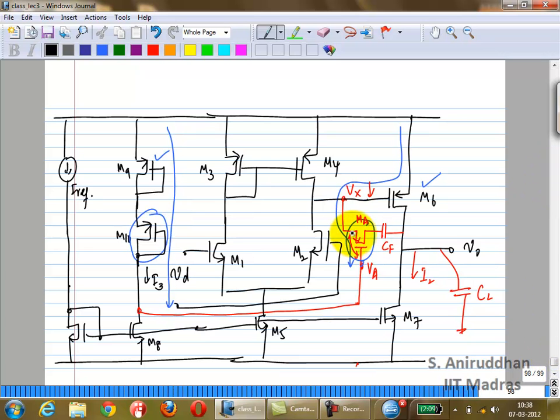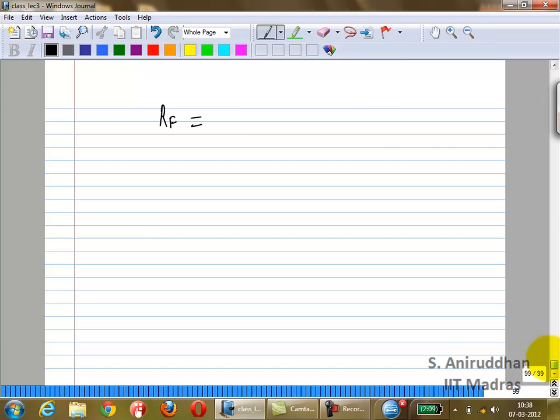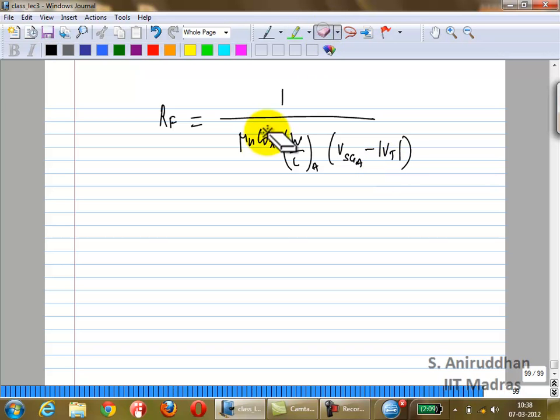What is RF here? I have a MOSFET MA in the triode region. What is the resistance of the MOSFET? What is it? Correct?